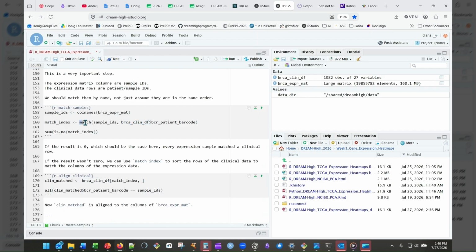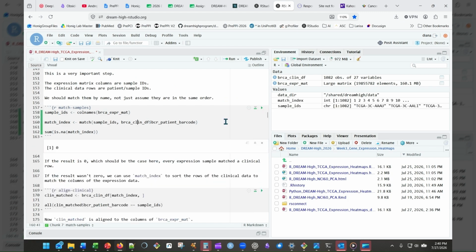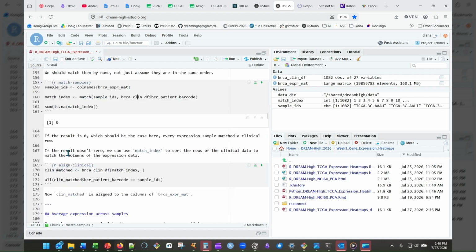So match is where you give it two vectors and it matches the elements across the two vectors. And then we want to sum how many are not available. If we're lucky, we'll get 0. That means we have 0 cases in which we have NAs, so all of them match.